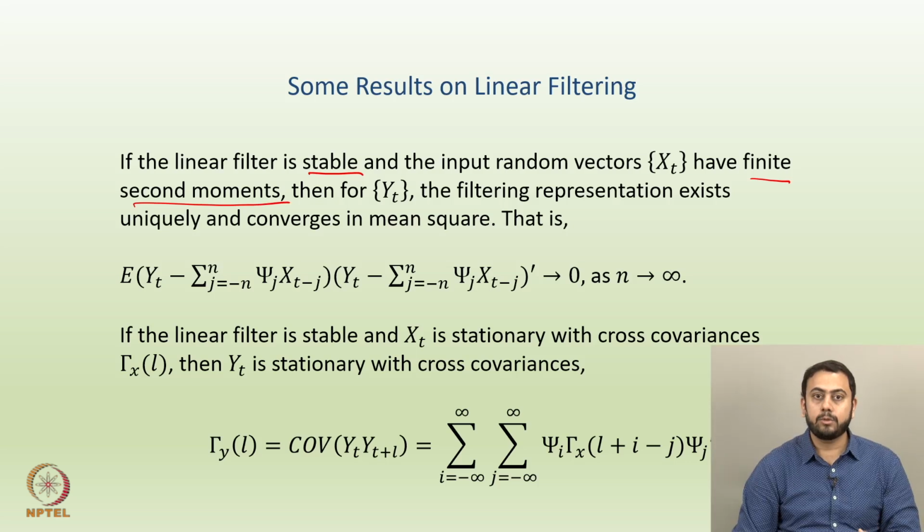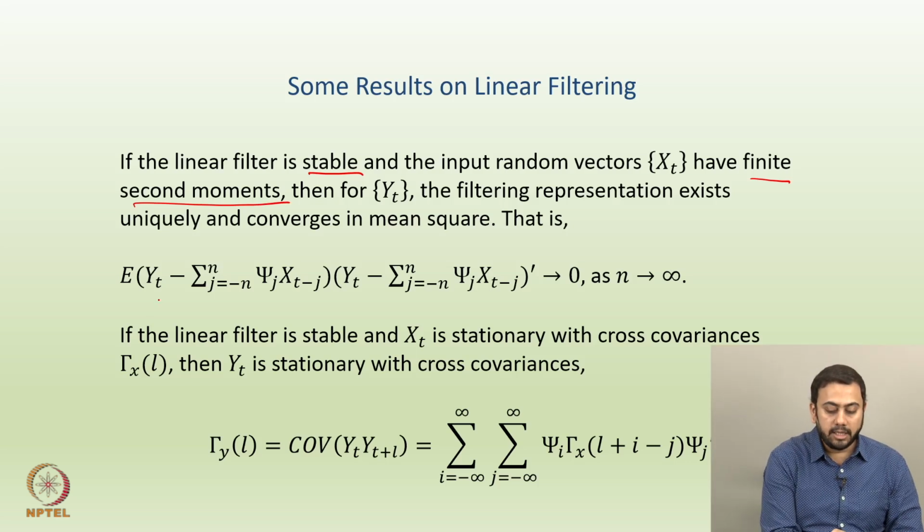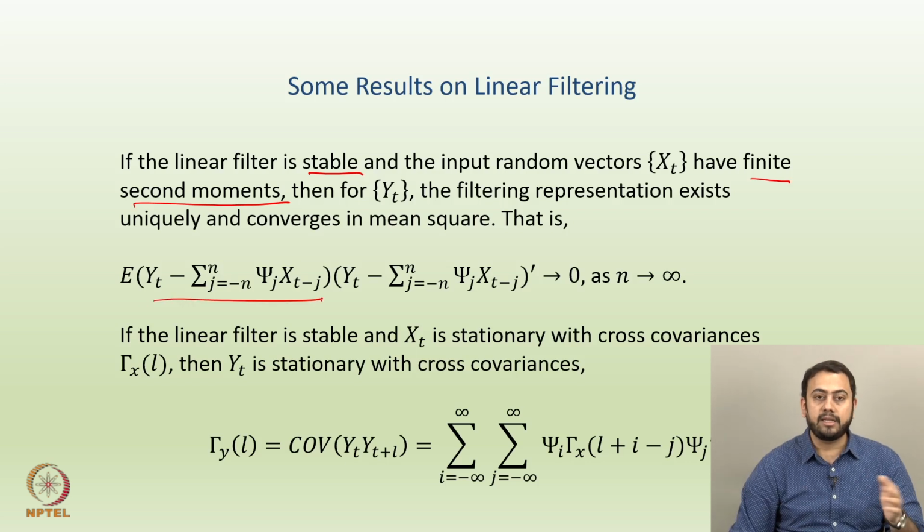What do we mean by that? Converging in mean square means that if you take the expectation of y t minus whatever you have on the right hand side, times the same thing transposed, this should approach 0 as n tends to infinity. So under this condition, given by star, we say that the filtering representation exists uniquely and also converges in mean square.